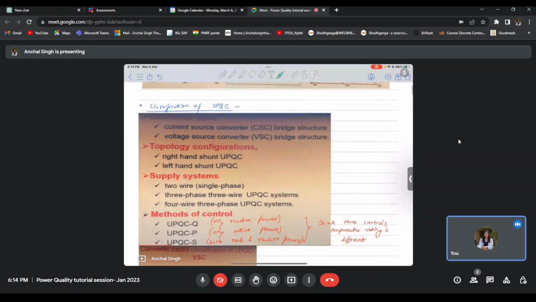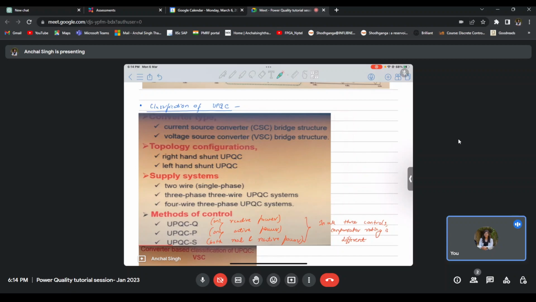Now let us talk about the classification of UPQC. The classification is based on multiple bases. One basis is the type of converter. Another is the topology, and apart from that, the classification could be done on the basis of the supply system. So these are the three classifications.